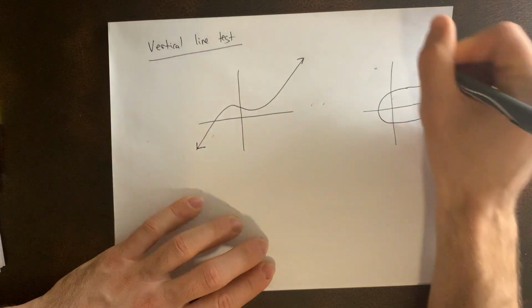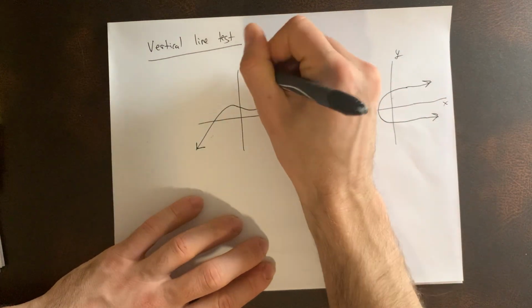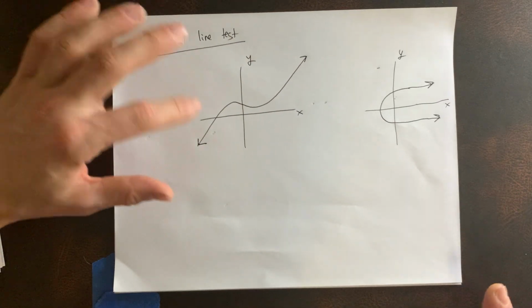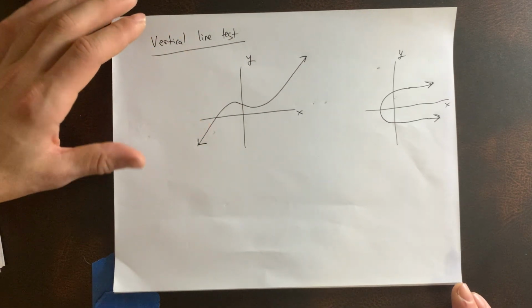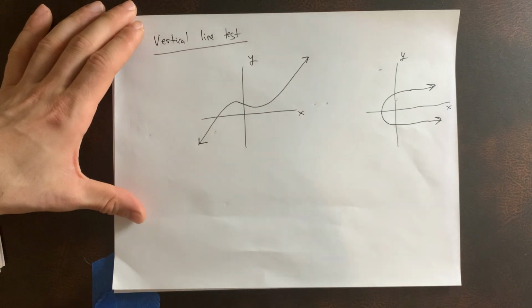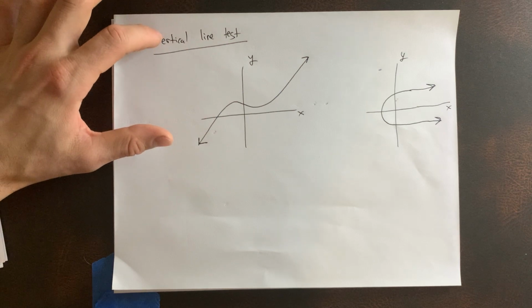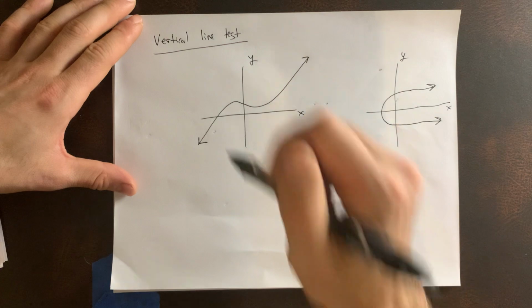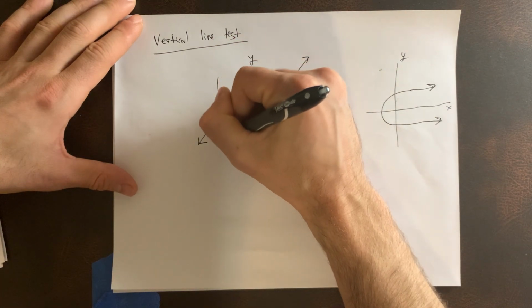So here's your x-axis, your y-axis. So we want to know if we have a graph, does the graph describe a function? And basically what that means is, we want to know, does it pass the vertical line test? And what the vertical line test is, if you're given a graph and you draw vertical lines, it can only touch the graph in one spot.